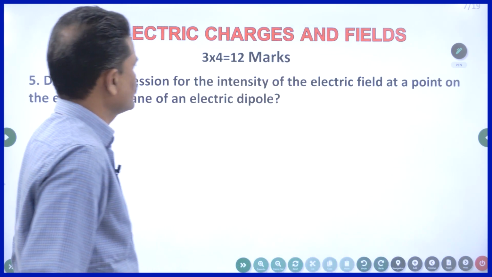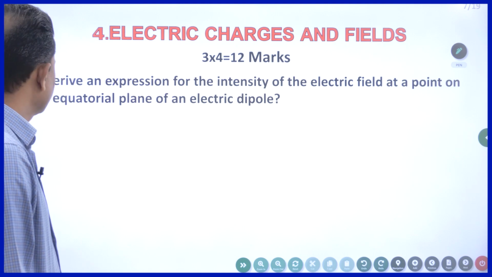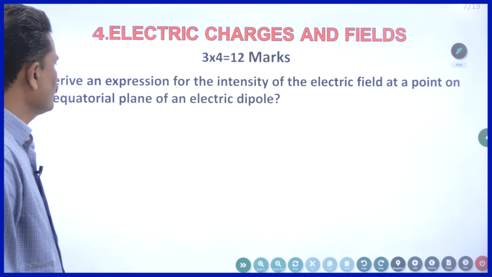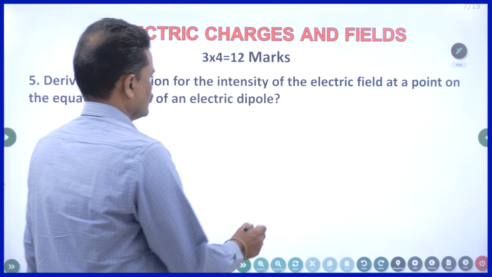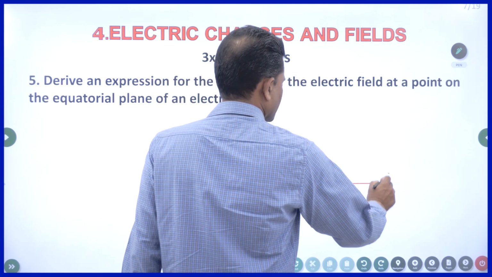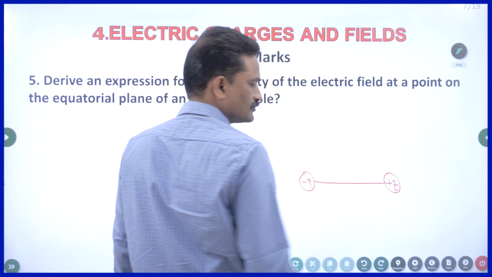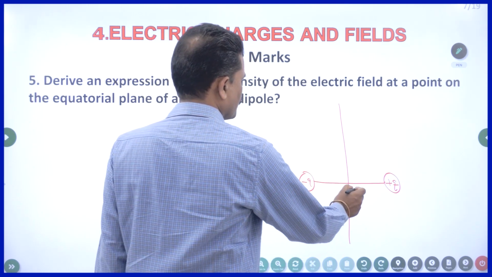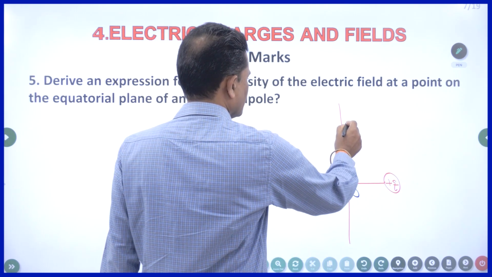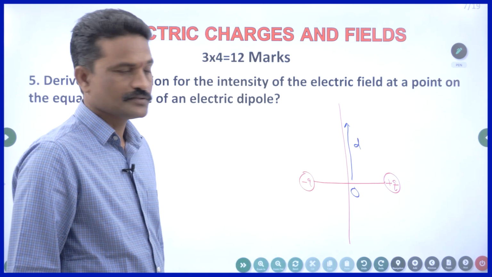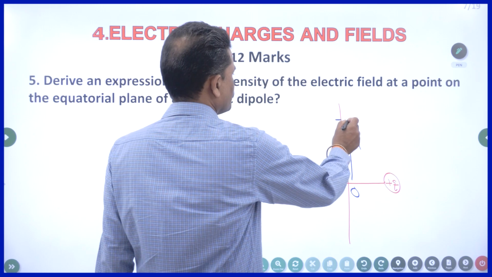Derive an expression for the intensity of an electric field at a point on the equatorial plane, that is the equatorial line, of an electric dipole. So, I am drawing the diagram for your purpose. This is minus q and this is plus q. So this is the equatorial line. On this equatorial line, from the center at a distance d, I am placing a unit positive charge.